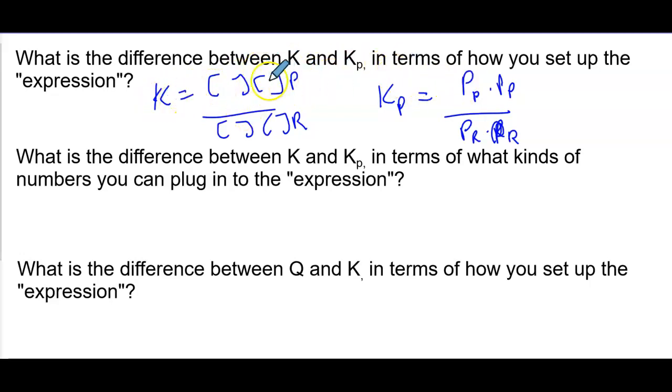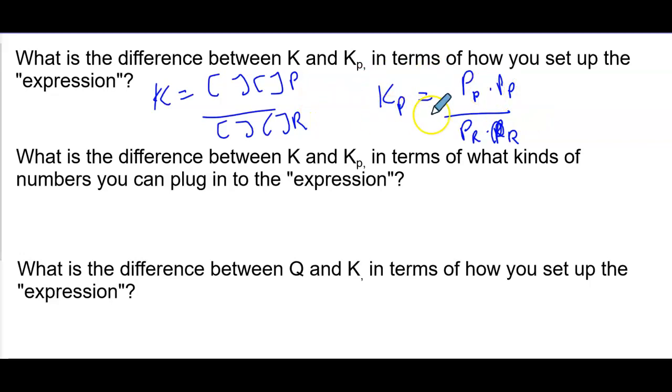We still put the product of the products over the product of the reactants, so we multiply the reactants on the bottom. Same thing with Kp. Instead of having moles over liters, we might have atmospheres or millimeters of mercury or torr, kilopascals. We would multiply the pressure of the products over and then divide by the multiplication of the pressure of the reactants.